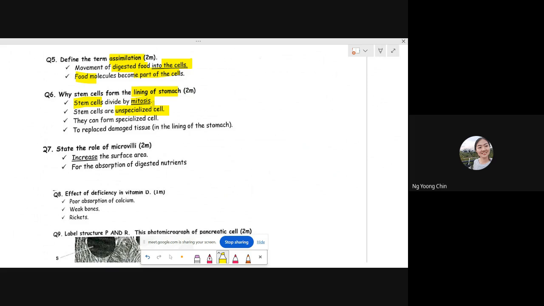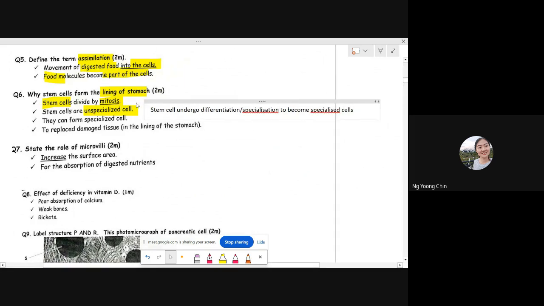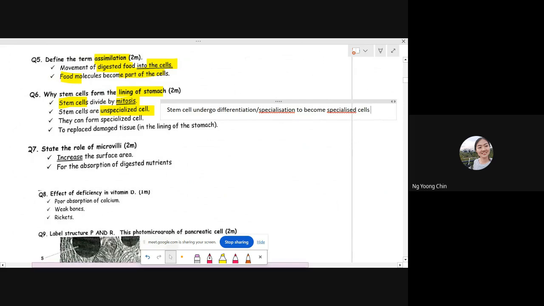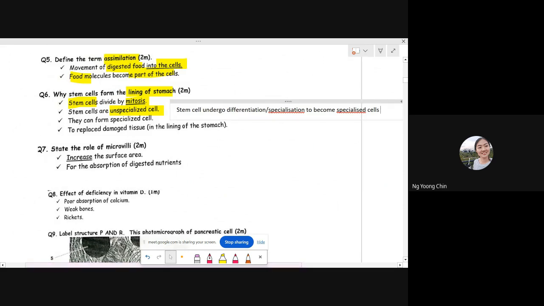After that, they will undergo what we call differentiation or specialization to become a specialized cell, which is able to carry out specific functions, for example, the goblet cell.